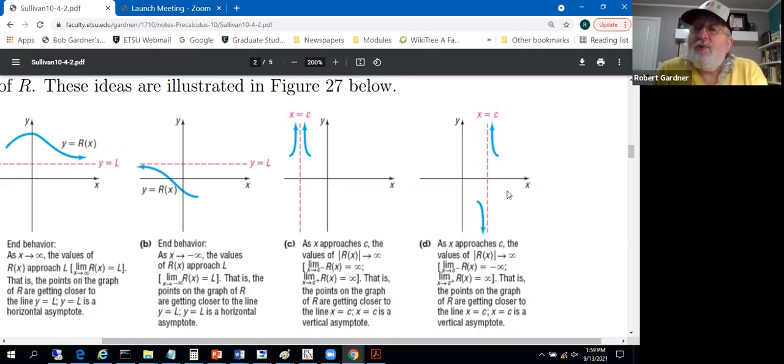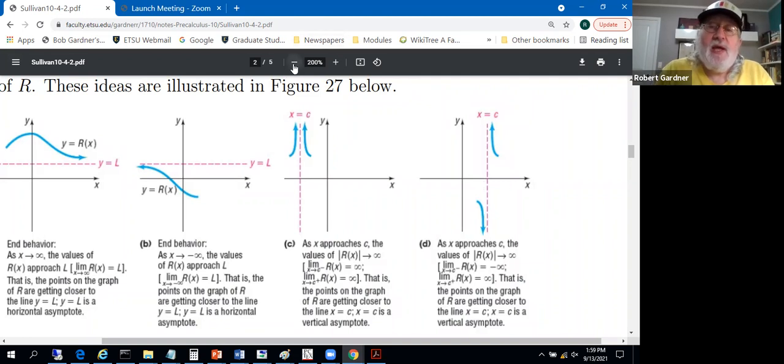Well, it's still a story of the function can be made as large as you want by plugging in numbers bigger than c, but close to c, on the right-hand side of c to get the large positive values out. You can get large negative values out by plugging in x values close to c and a little bit on the left side, the negative side of c. They've used some one-sided limit notation in this, as well as the previous one, in fact.